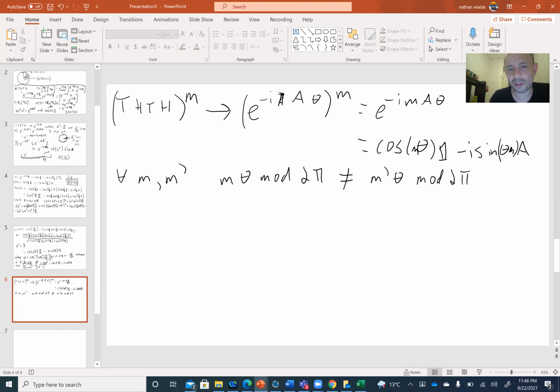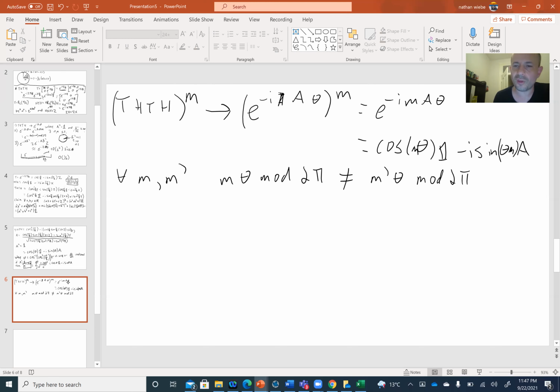Because if these two were equal, then they would have to be rational multiples of 2 pi, and that is not cool because the angle theta is irrational. So we know that we can't have two of them that are equal.